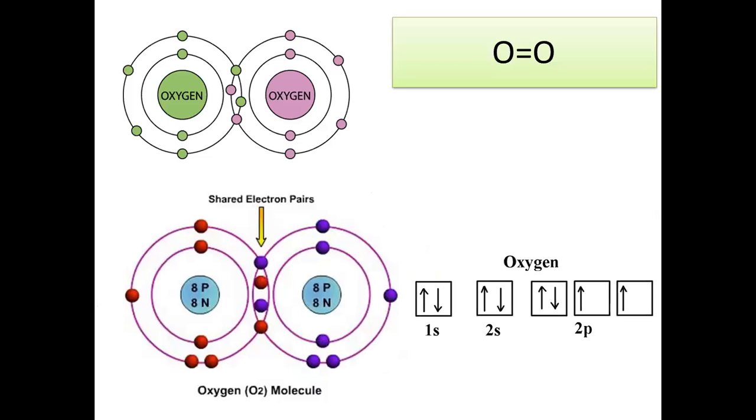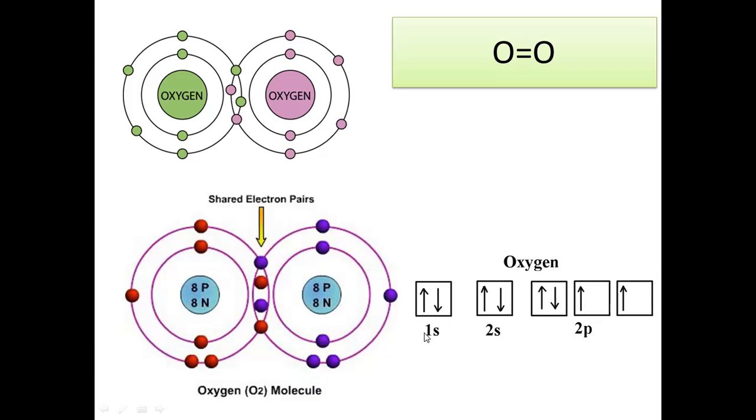Another example is the oxygen molecule, and here it is the electronic configuration of the oxygen. Oxygen has atomic number 8, so 8 protons and 8 electrons are there. This is the electronic configuration of the oxygen.